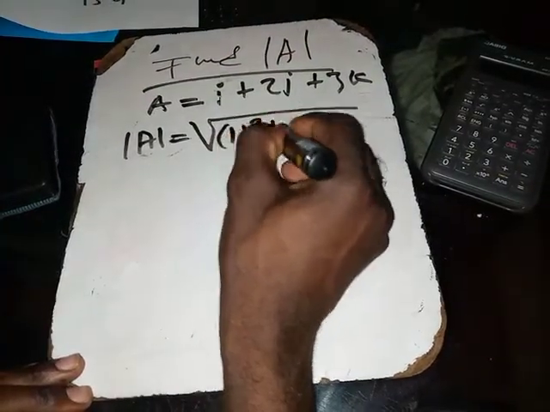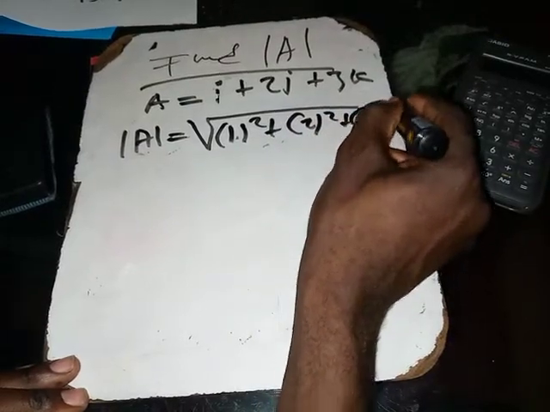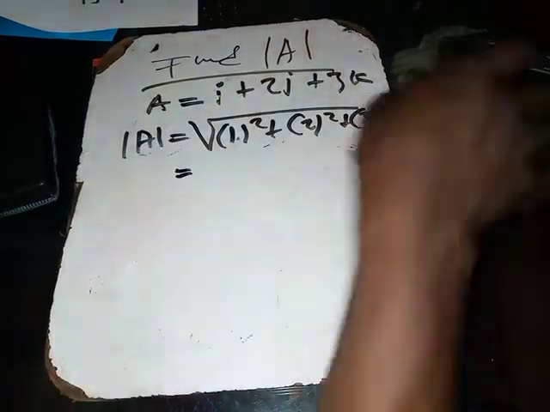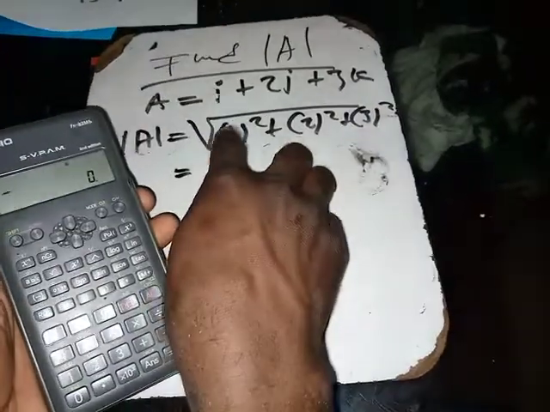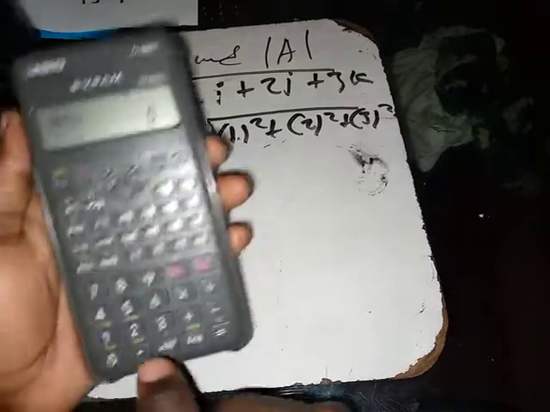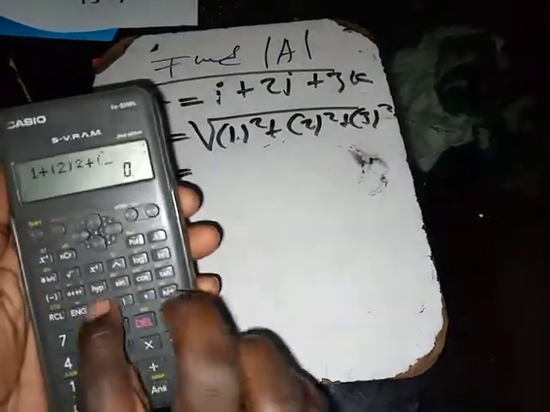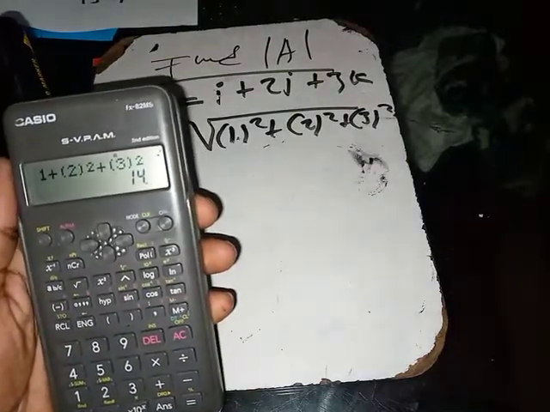When I punch on my calculator, 1 squared is 1, plus 2 squared plus 3 squared, I'm having 14.